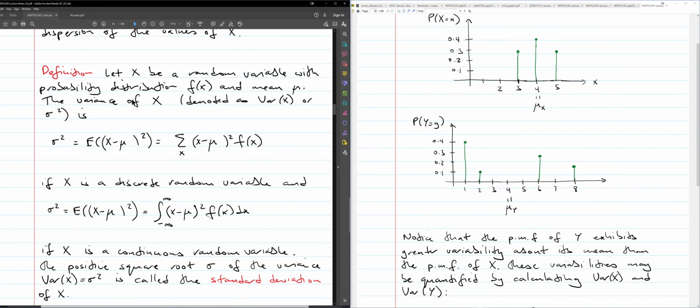Alright, so I just said that the variance of x, denoted by var x, gives you an idea of the dispersion about the mean of a random variable. But let's see the actual definition. The definition of variance of a random variable x is the expected value of (x minus mu) squared.